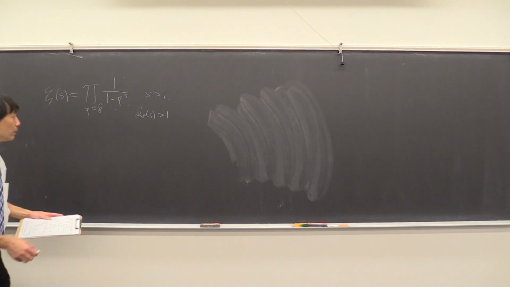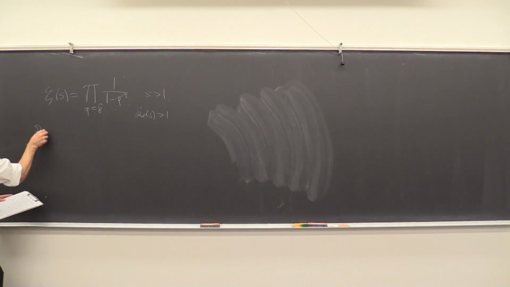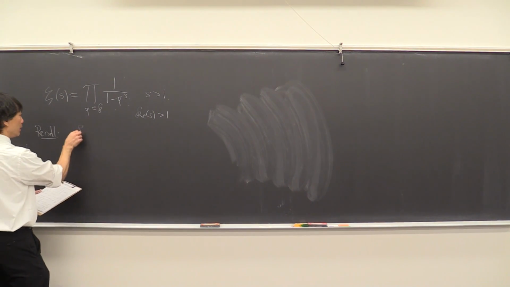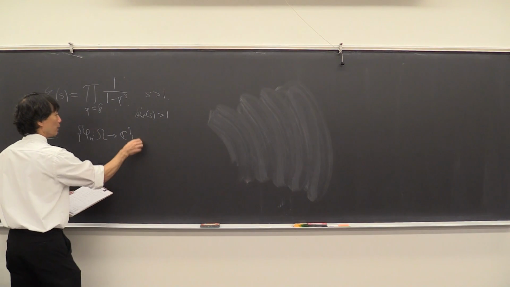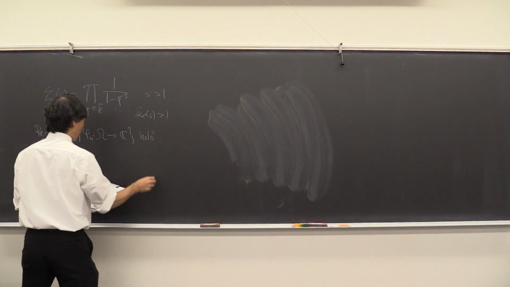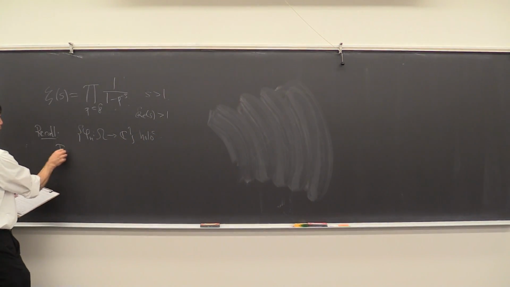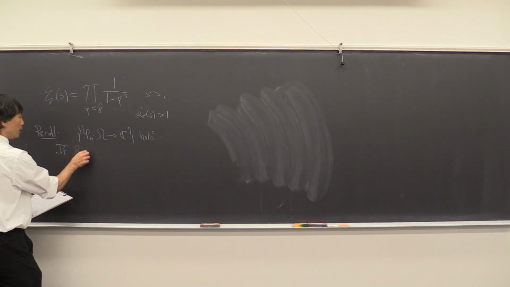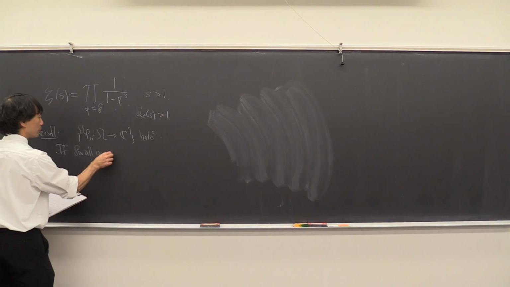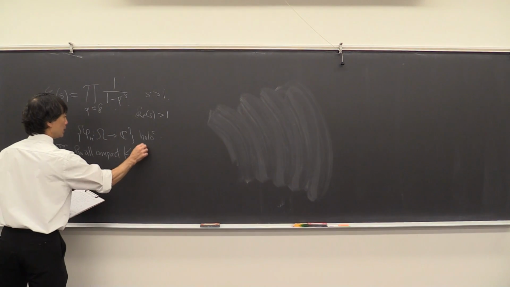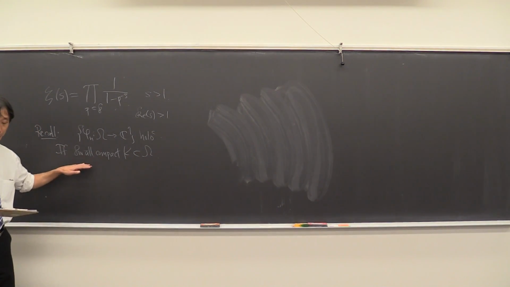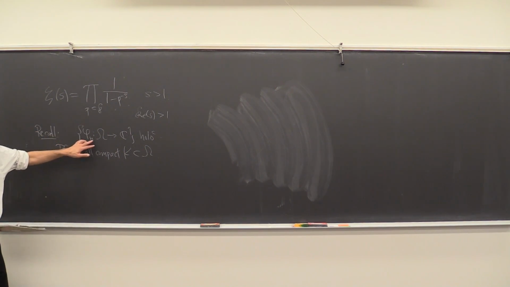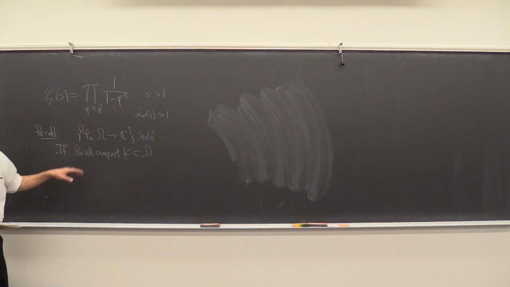So you may recall that we had this theorem about infinite products, that if you have a bunch of functions and they're holomorphic, then if for all compact sets contained in gamma, as long as we satisfy some sort of Weierstrass condition, then the product of 1 plus these guys is going to be holomorphic, right?